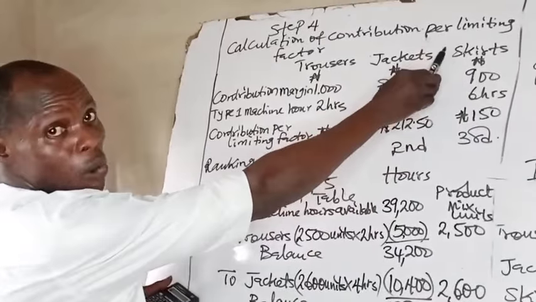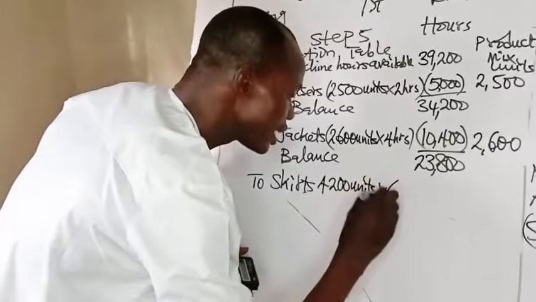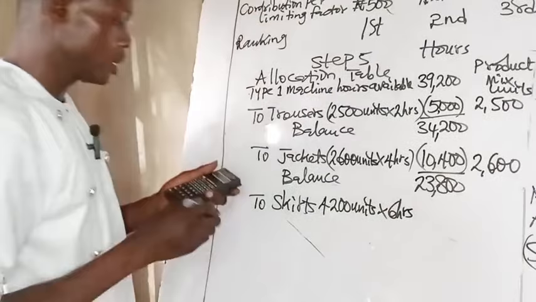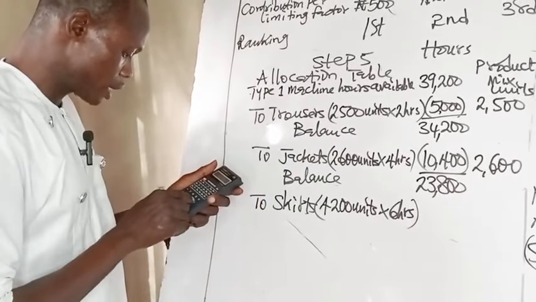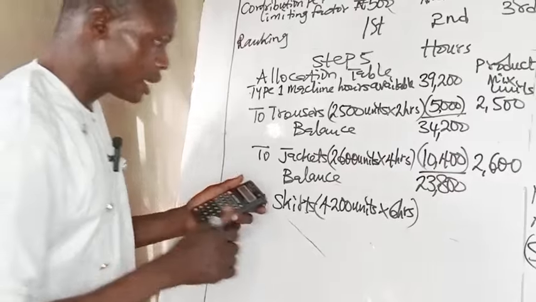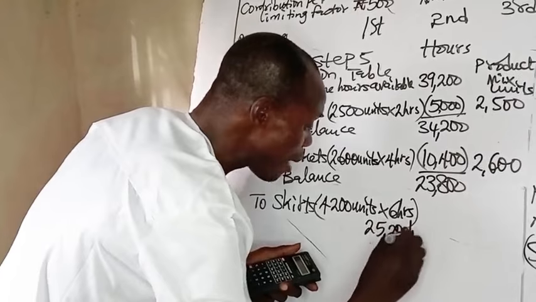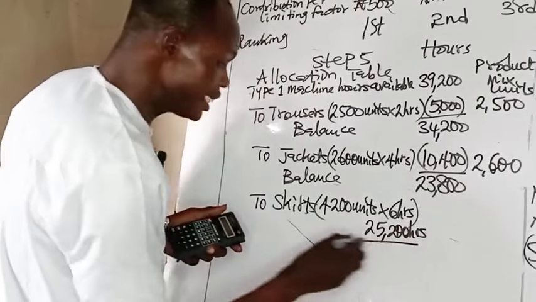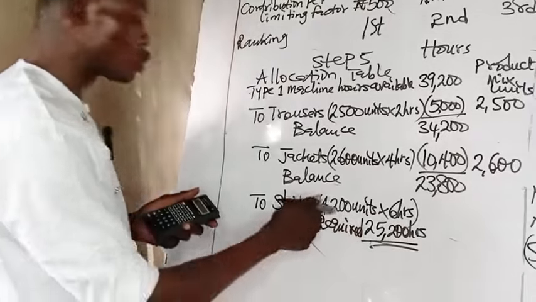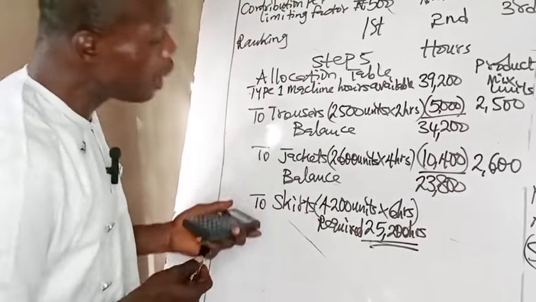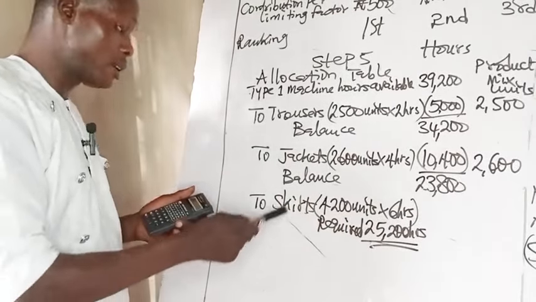So 4,200 times 6 gives us 25,200 hours. This is what is required to produce 4,200 units of skirt, and you're only left with 23,800. That means you did not have sufficient hours for skirt.